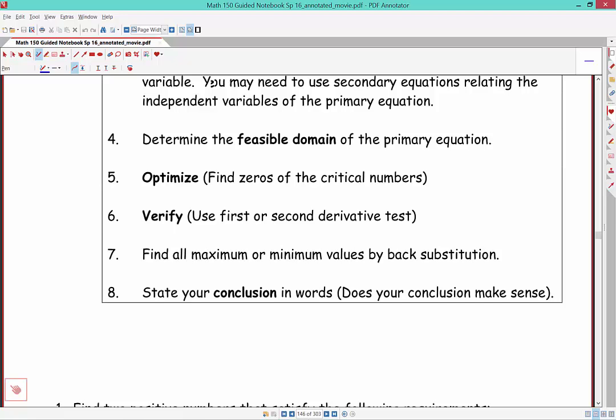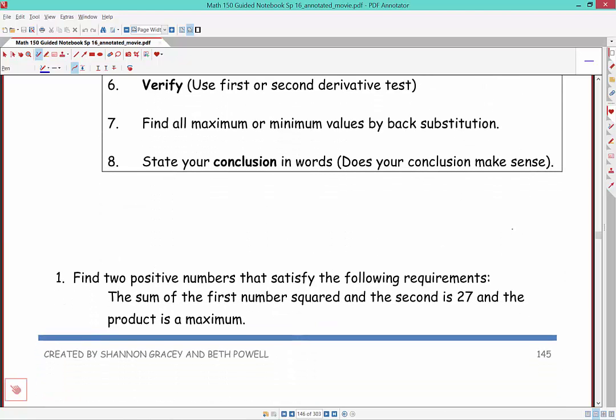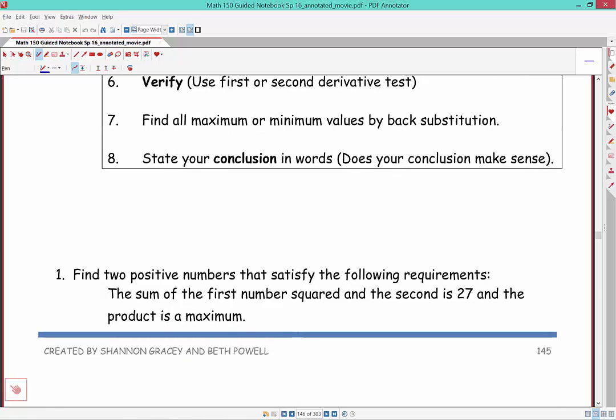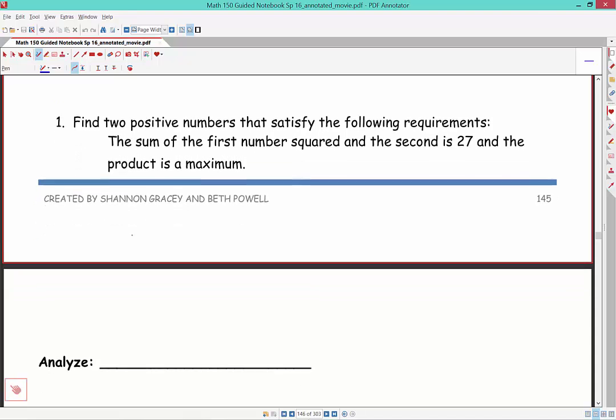Does it make sense? We need to always think about that synthesize step. We need to make sure our conclusion makes sense. If you find that the maximum speed of the bicycle rider was 5,000 miles per hour, you might be off a little bit. All right, here we go.